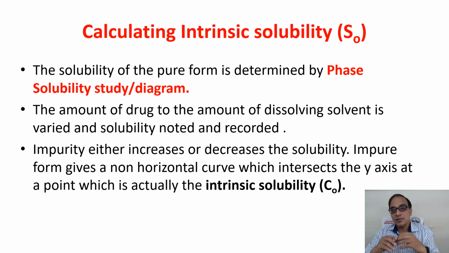Impurities will generally be there when you are taking the API for the very first time for developing the dosage form or delivery system, because you don't know the actual solubility of the drug. So impurity may increase or decrease the solubility. Impurity gives a non-horizontal curve which intersects the y-axis.